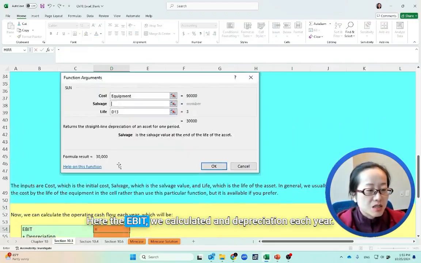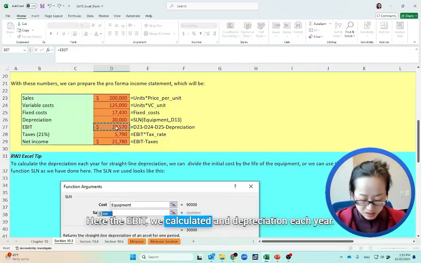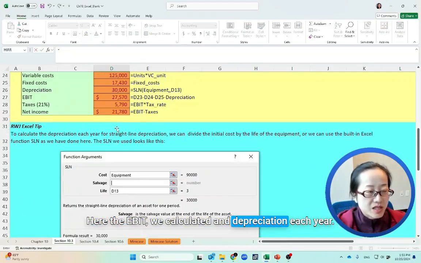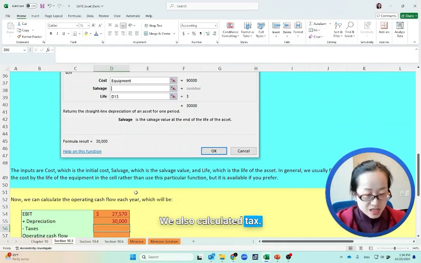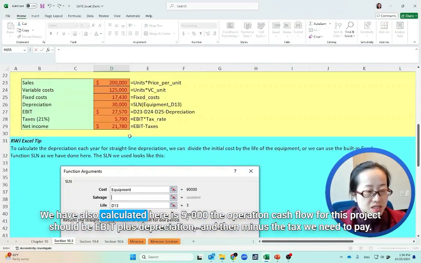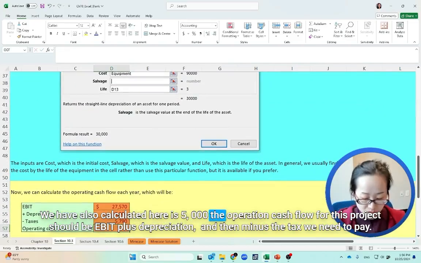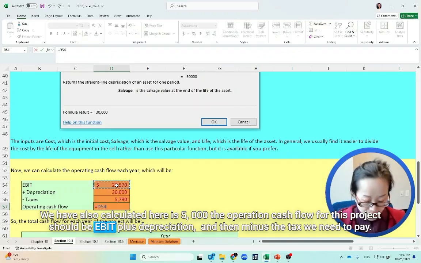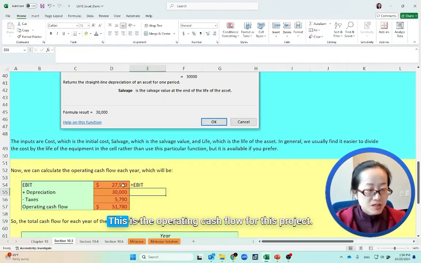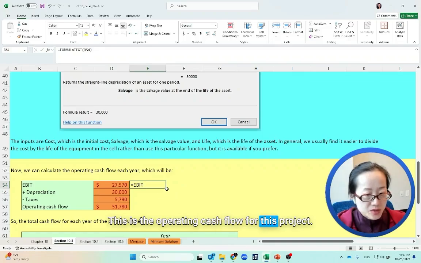Here, the EBIT we calculated, and the depreciation each year we also calculated. Tax we have also calculated here is 5,000. The operating cash flow for this project should be EBIT plus depreciation, and then minus the tax we need to pay. This is the operating cash flow for this project.